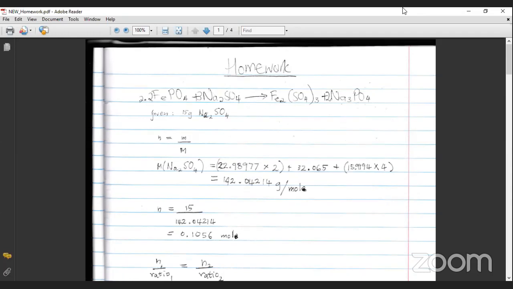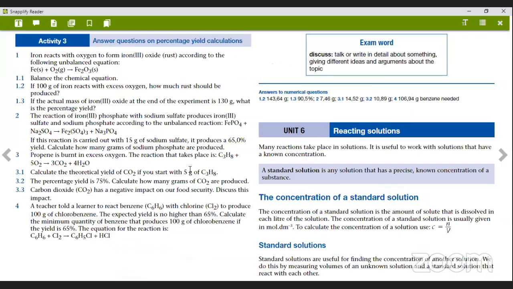Let's go to number 3. Number 3 says propane is burnt in excess oxygen. The reaction that takes place is C3H8 plus 5O2 will give you 3 CO2 plus 4 H2O. Okay.